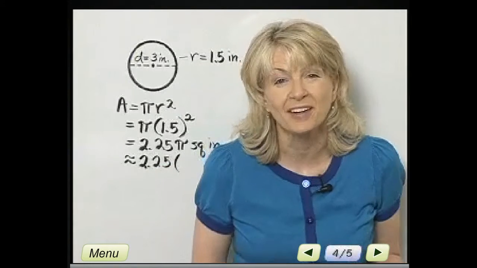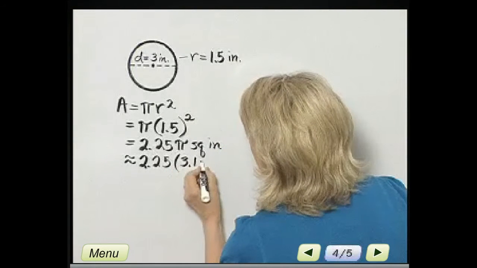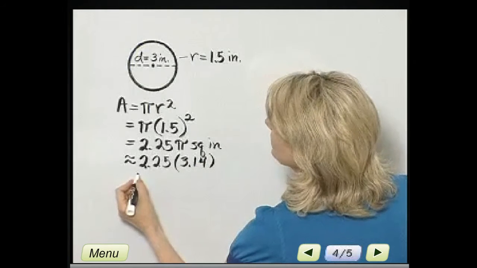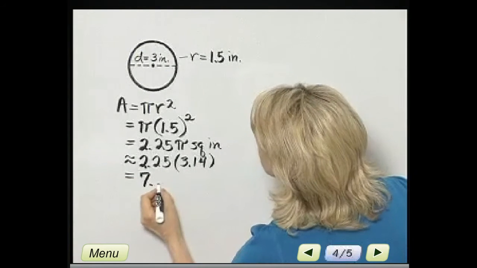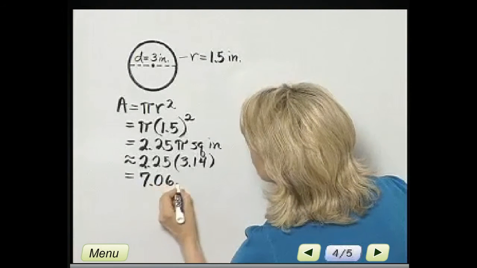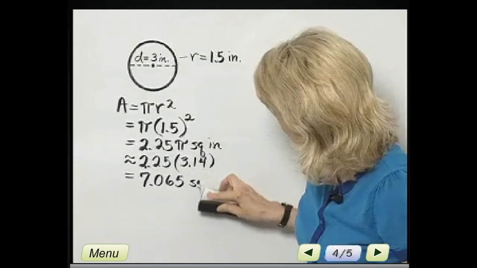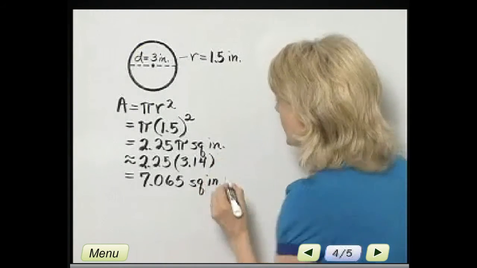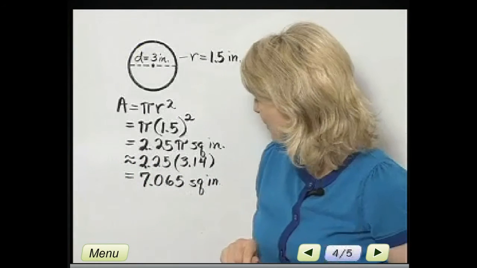We'll use the decimal approximation 3 14/100. So that's 3.14, and this is again still square inches, and this is going to be 7.065 square inches. Now this is an approximate area. Just so you understand, this is the exact area, this is an approximate area, but both in square inches.